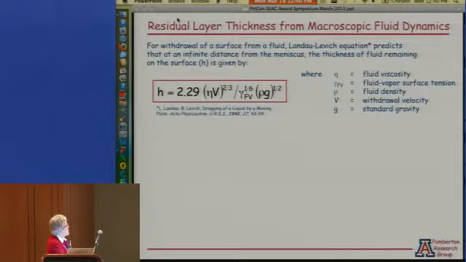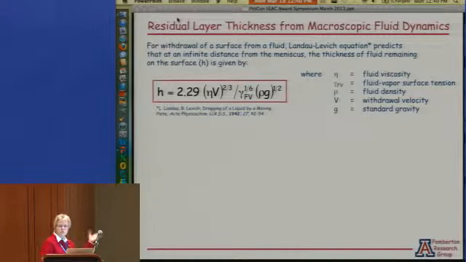And this is an equation that, in its modified form, comes from this original work, and it defines the thickness of this residual layer, h, as a function of the system variables that are the fluid viscosity, the withdrawal velocity, the density of the fluid, and its fluid vapor surface tension. Okay?